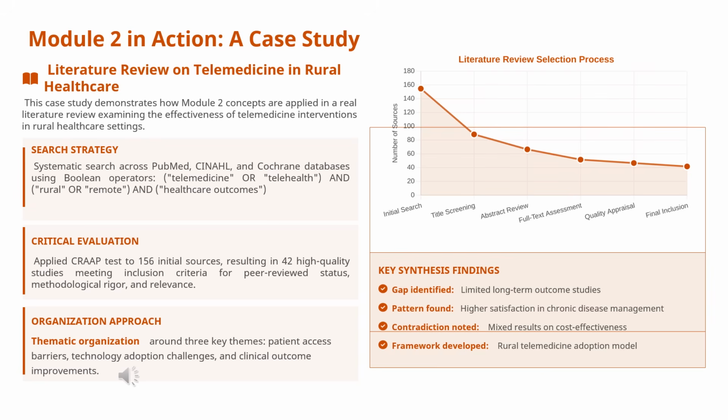Then, through your synthesis of findings, you will identify consistent findings such as improved access to care, while also noting gaps in terms of limited long-term outcome studies, patterns in terms of higher satisfaction in chronic disease management, contradictions noted, and some of the frameworks developed. Then this process actually demonstrates how a well conducted literature review provides the foundation for meaningful research, especially in public health.